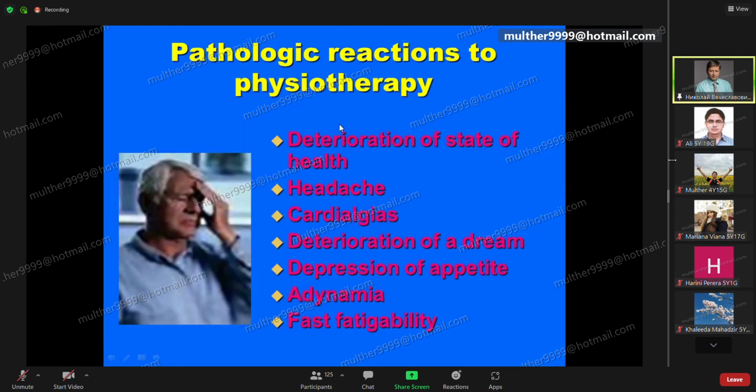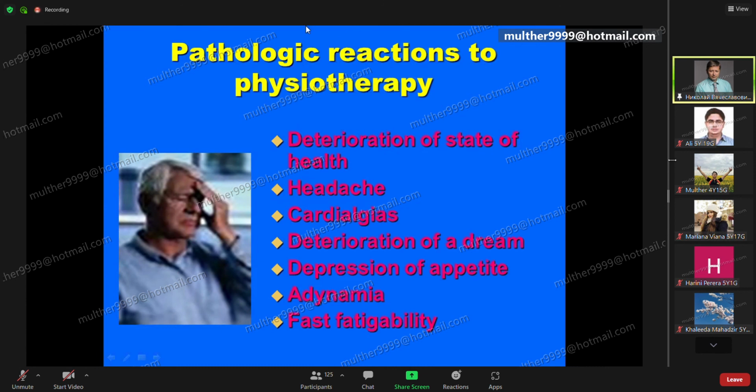Patients should be explained which pathological reactions to physiotherapy may occur, and you can also detect problems such as general deterioration of state or general weakness, headache, cardialgia, so chest pain, problems with sleep, sleeplessness, depression of appetite, adynamia or absence of any forces, muscle weakness, and fast fatigability after a physiotherapy procedure.